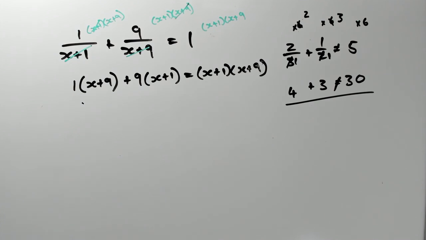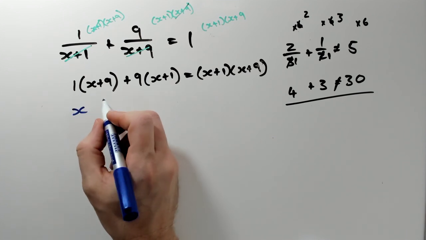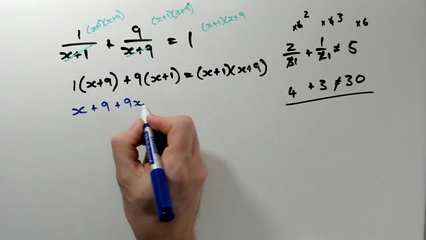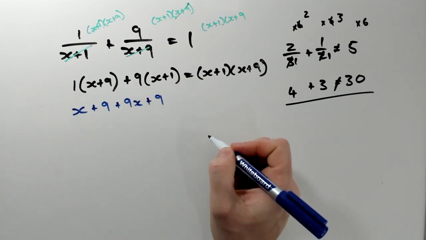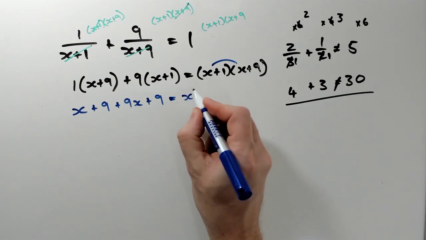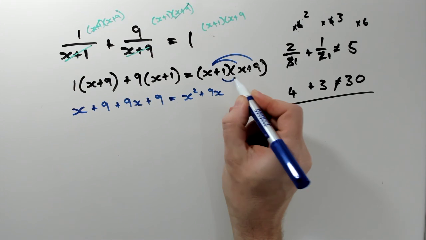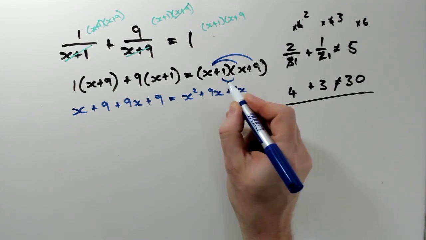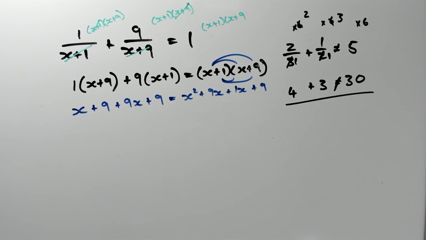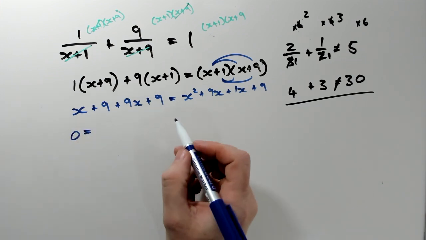I'm going to do it in a nice blue color, so that's x plus 9, and this becomes 9x plus 9 again, and on this side you can do the FOIL, which is x squared plus 9x plus 1x plus 9, and I'm going to take everything over to that side.